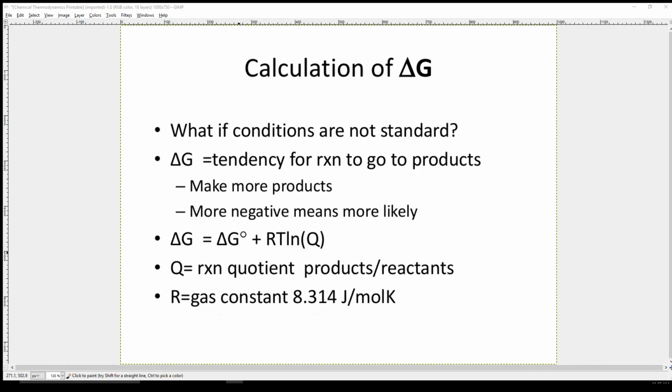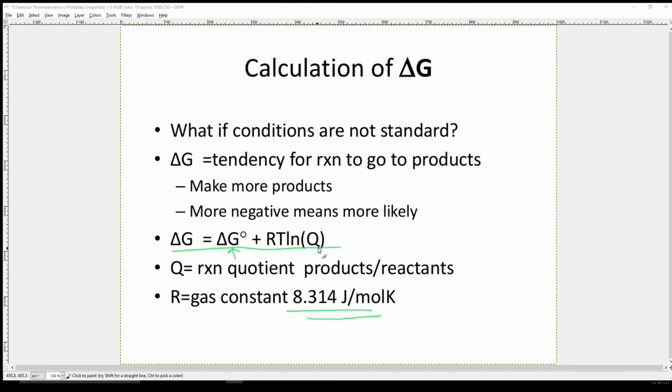You could use this equation here to help you out with calculating delta G at different temperatures. Makes it pretty easy, actually. You take your standard conditions delta G, and you're going to convert it. You're going to use your R, the same one as before. Get used to using that R value. You use temperature still in Kelvin, and you're using the natural log of Q.